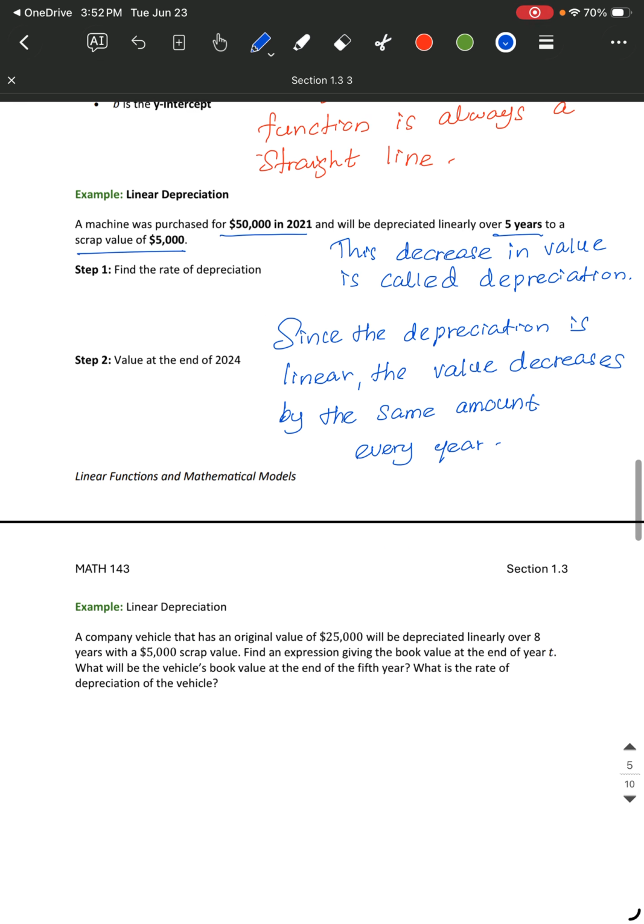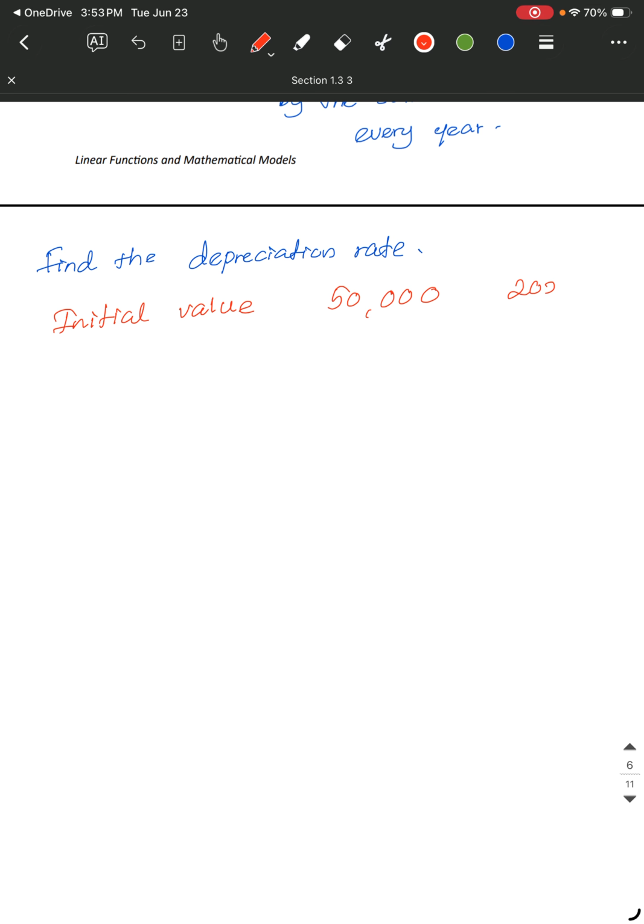Okay, then let's find the depreciation rate. First, the initial value is $50,000 in year 2021.